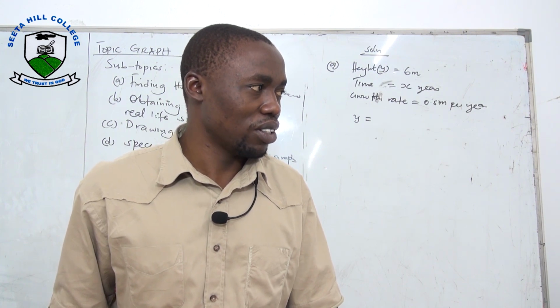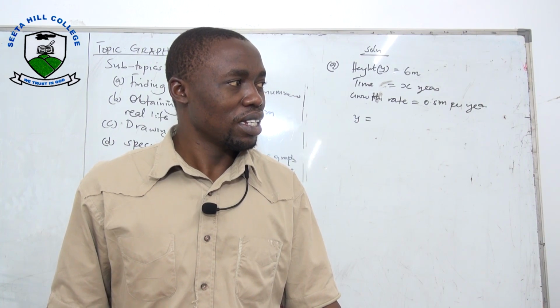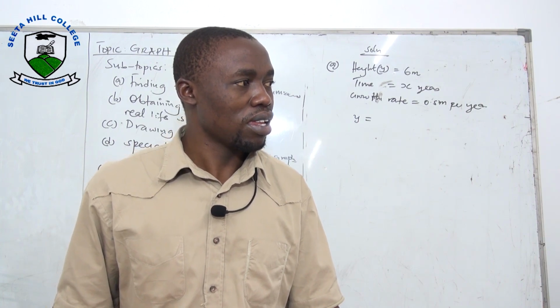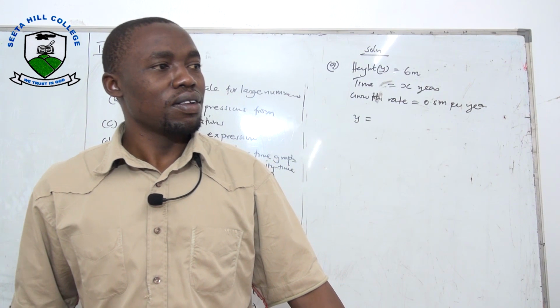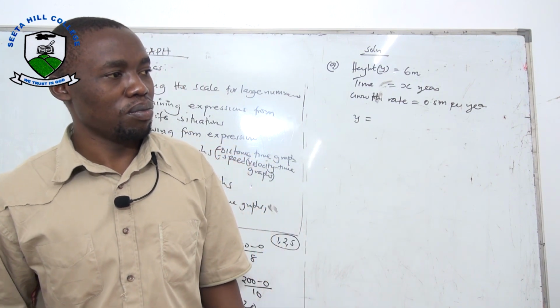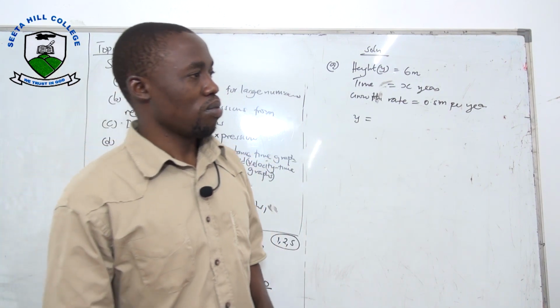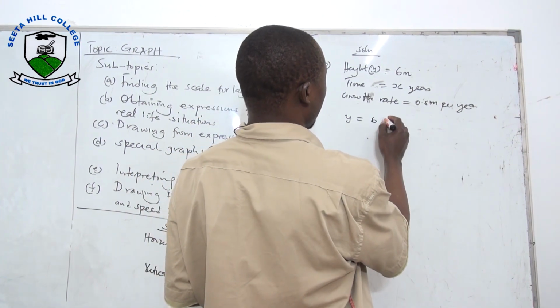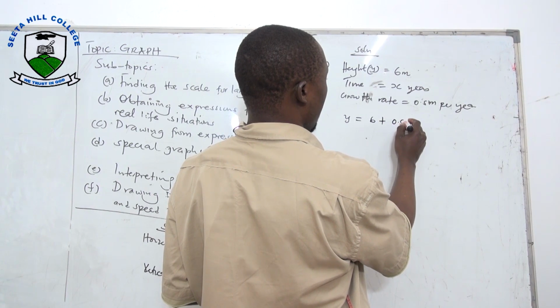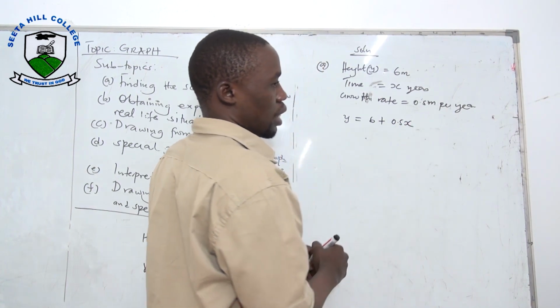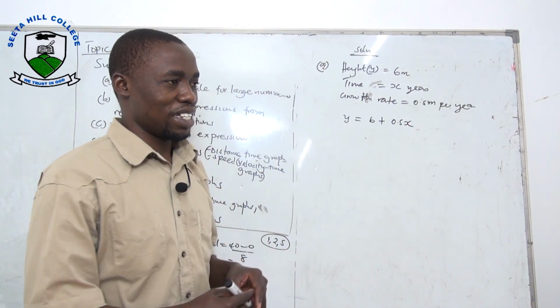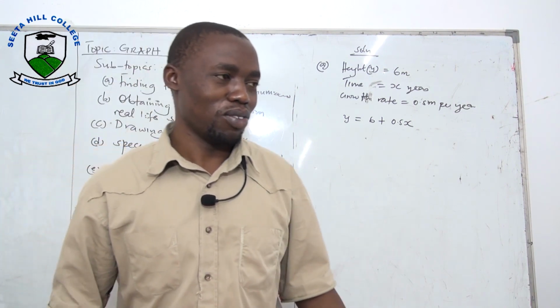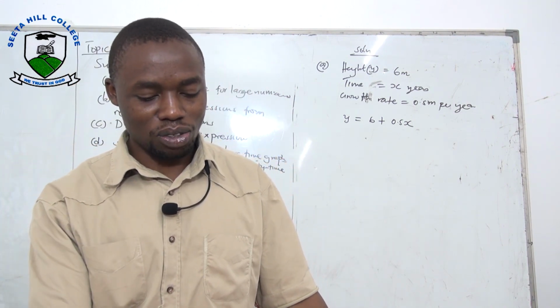You multiply the growth rate by the number of years, then add the original. That simply becomes 6 plus 0.5 times the number of years. That's good.